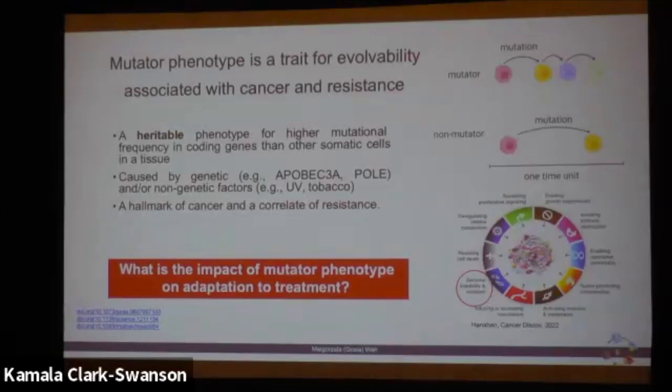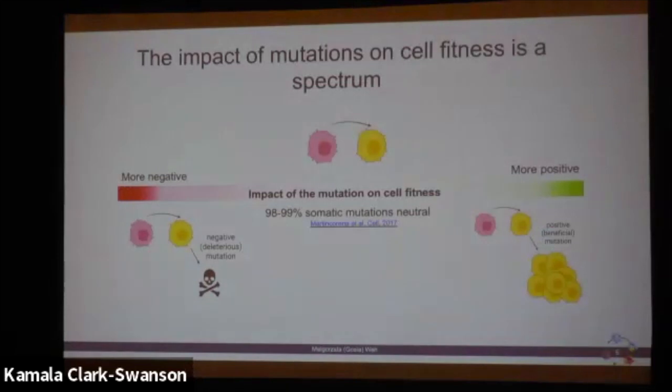So how does mutator phenotype impact adaptation on treatment? That's a great question. But we do not know the answer to that question yet. And it gets very quickly very complicated. Because if we think about mutations, mutations can have a very different impact on cell fitness. What we know now is approximately 99% of mutations are neutral.